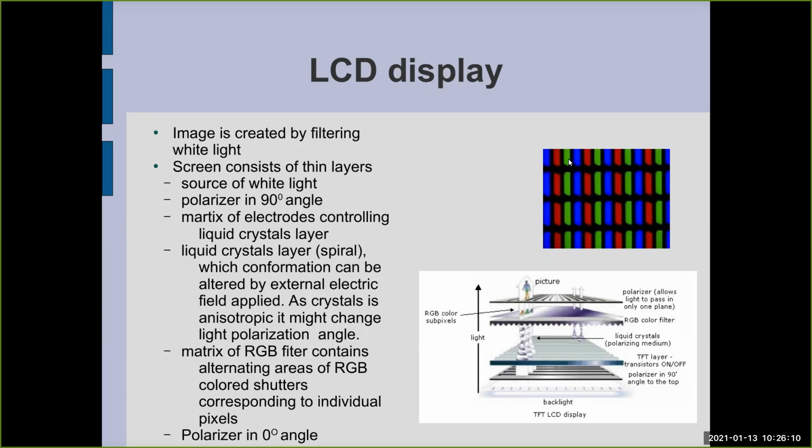Here, these three elements create a single pixel. And if we are able to control each element, or the brightness of each region, independently, we can generate any color based on RGB mixture. So in this case, we get a color LCD display.